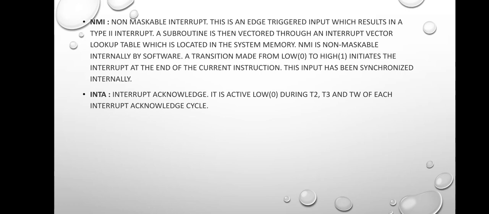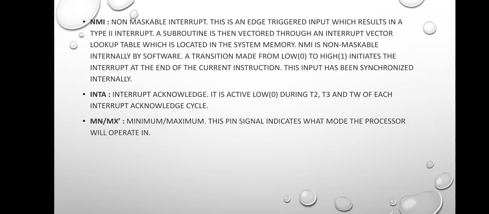And another one is INTA, interrupt acknowledge. It is an active low pin, active only when the input is 0, during T2, T3 and TW of each interrupt acknowledge cycle. And another one is the minimum or maximum mode pin. This pin signal indicates what mode the processor will operate in.